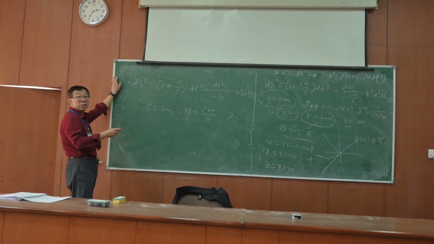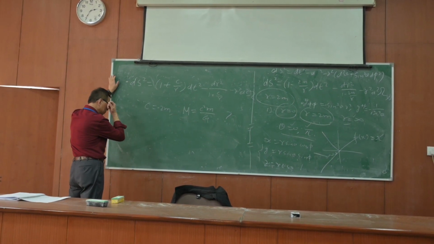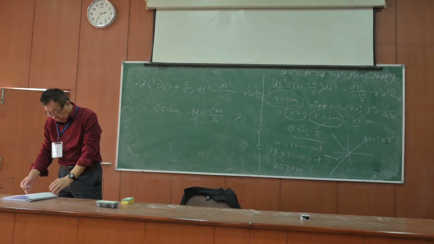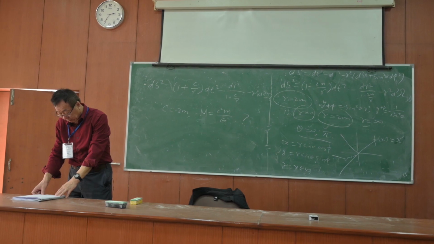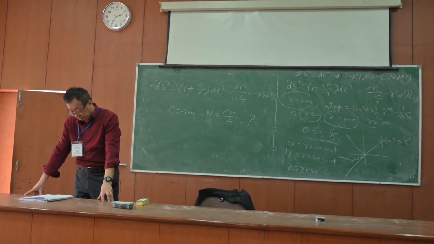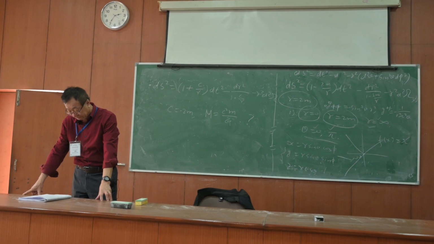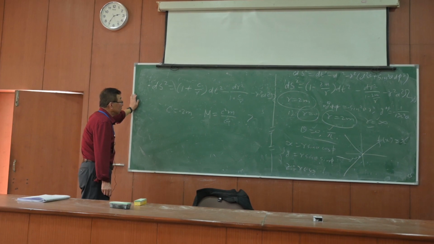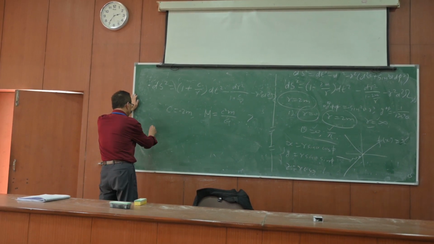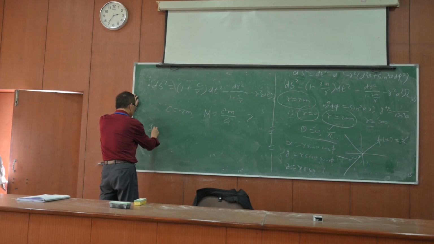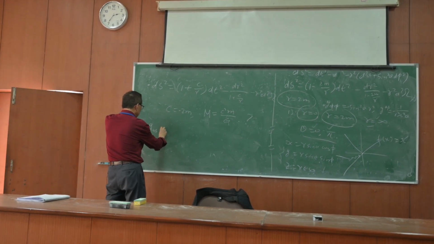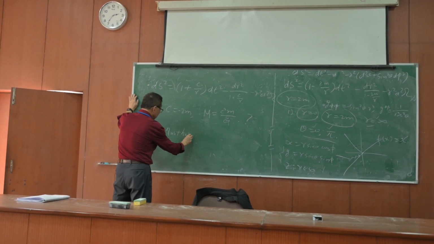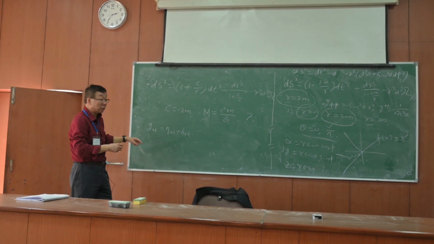If you start from, you can do two things. If I do g_ab equal eta_ab plus h_ab, this is actually the Newtonian limit.